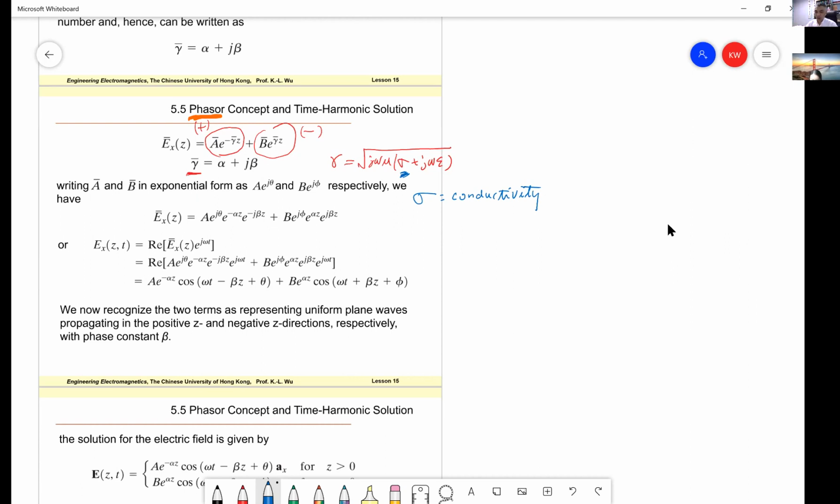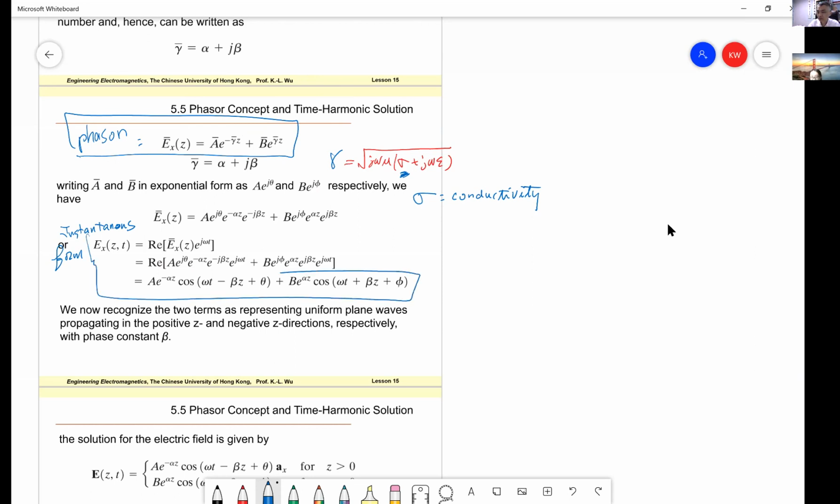Now, when we deal with time harmonic electromagnetic fields, we have two solution forms. One is the phasor form, and another is the instantaneous form.